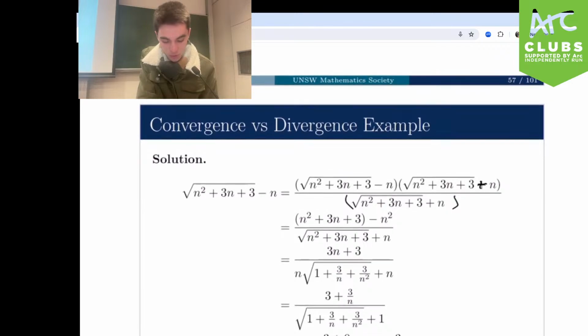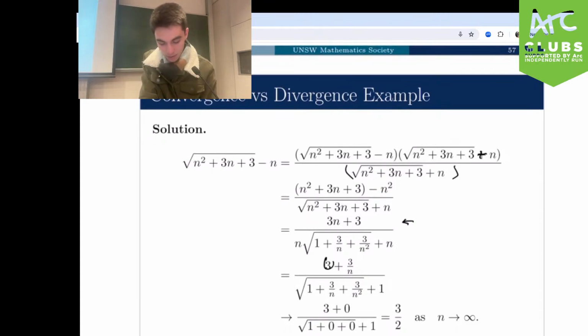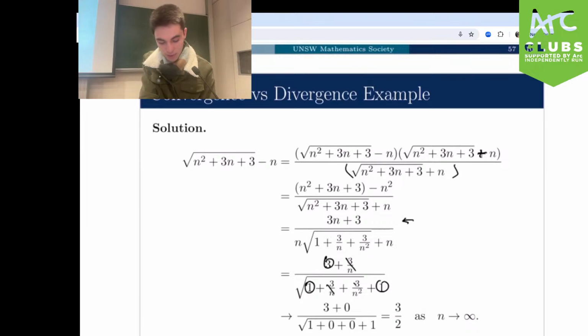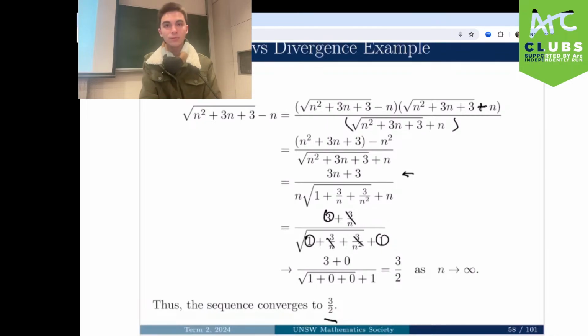And once we simplify that, right, we get a linear term. And once we divide through by the highest power of n, as we learned to do last term, we get some constant terms along with a bunch of terms that just vanish to 0. So basically, once we push that to infinity, we get 3/2 as our limit. So the sequence does converge, and it converges to 3/2.